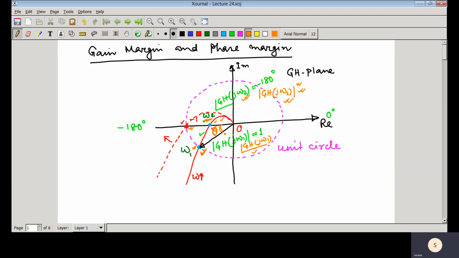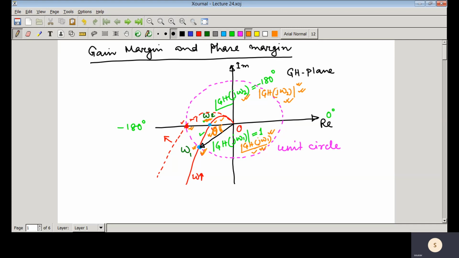Repeating: at omega equal to omega 1, if we calculate the angle and add this theta, it would come to the critical point. So this particular angle is also indicating how far the Nyquist plot is from the critical point. It also gives us that information: if the system is stable, then how much stable it is.